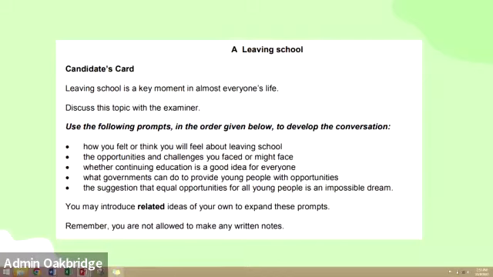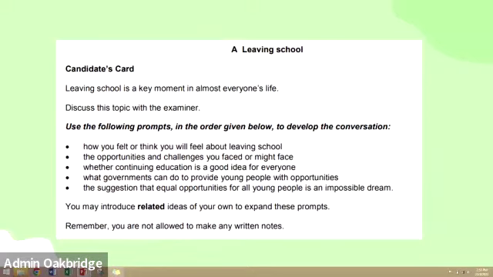Third one, whether continuing education is a good idea for everyone. Number 4, what governments can do to provide young people with opportunities. And the 5th one, the suggestion that equal opportunities for all young people is an impossible dream. So please remember, all 5 prompts will be used for your assessed conversation.